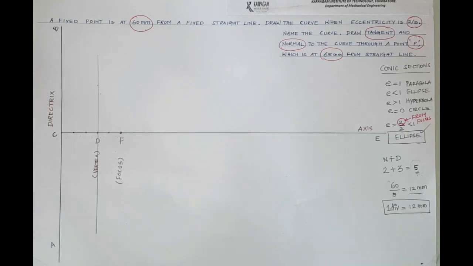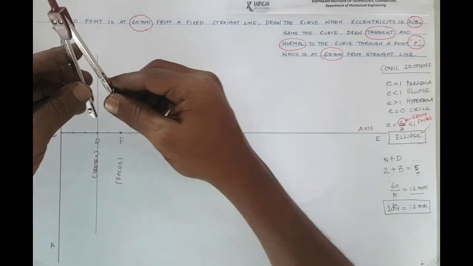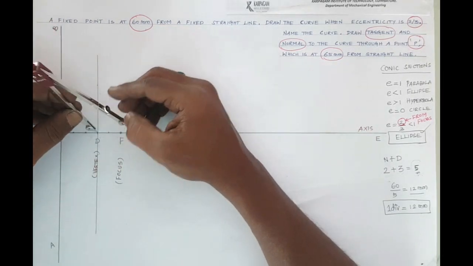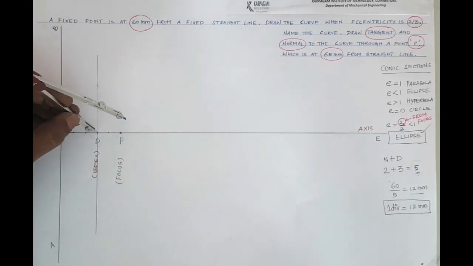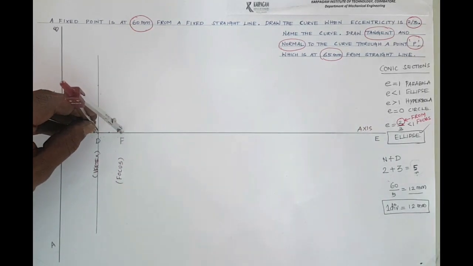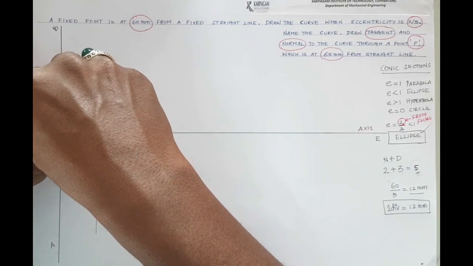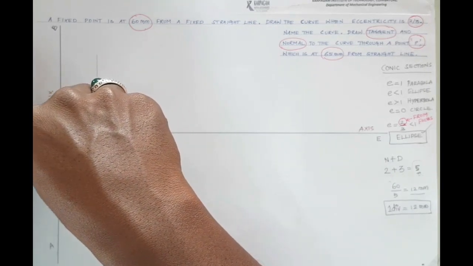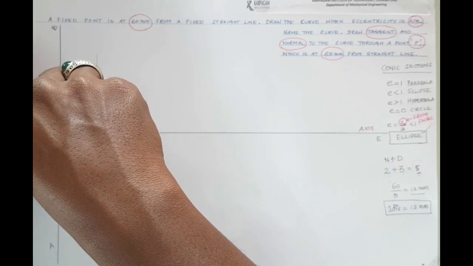The next step is very easy. Take your compass. I'm placing the steel tip of the compass on point D, and I'm measuring the distance of D to F. Then I'm drawing one upward arc and then a downward arc.